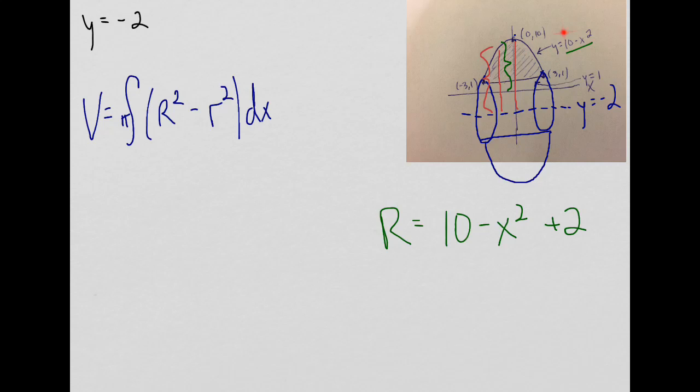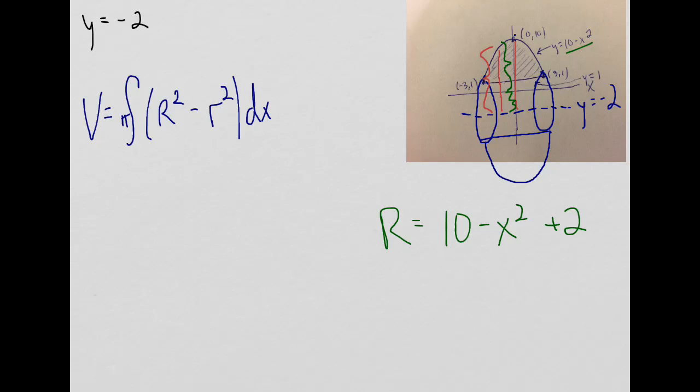The top would be 10 minus x squared, and the bottom would be the negative 2. So if I do 10 minus x squared minus a negative 2, it gives me the same thing. So you can do it visually, by looking at the 2 different blocks that make up the larger block, or you can do top minus bottom. If it's side to side, you can do right minus left.